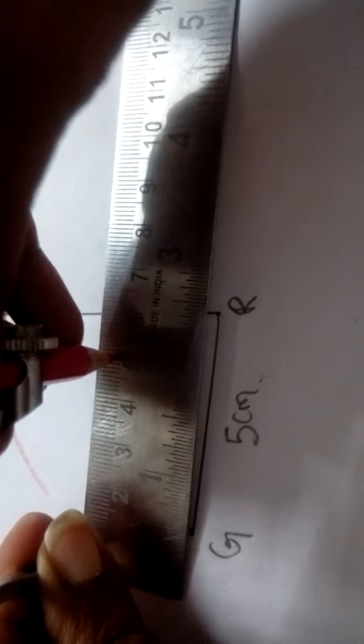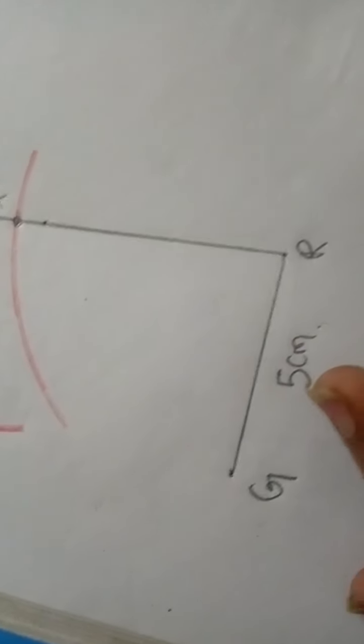Using the ruler, keep the metal pointer near the 0 and expand till 5 centimeters, with the pencil point on the 5. Then lift it without disturbing the metal pointer and pencil. With A as the base, draw one more arc which cuts the previous arc like this. The point where the arcs intersect, keep as M.